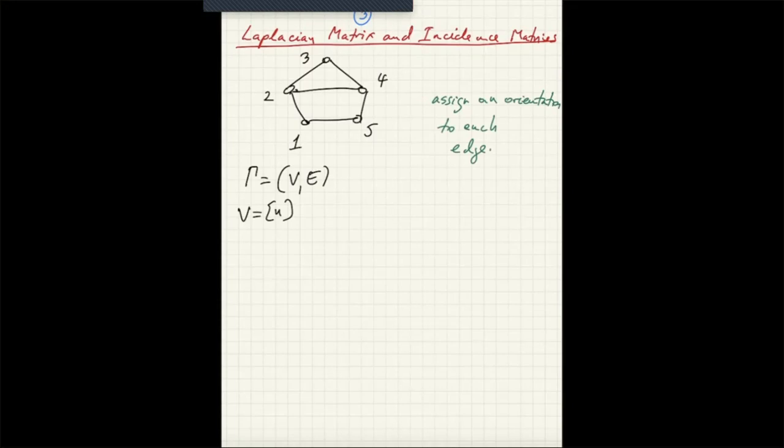So if you have an edge, let's say like this, when you assign an orientation, maybe you have vertex X and you have vertex Y, and let's say you have this orientation XY, it puts some kind of order on the vertices, and one is called the head and the other is called the tail.